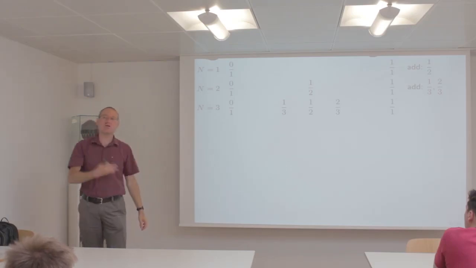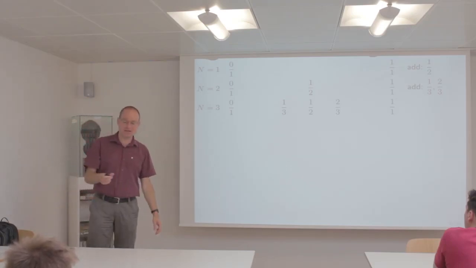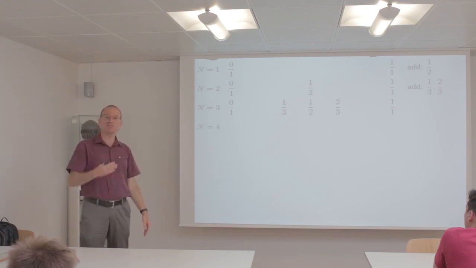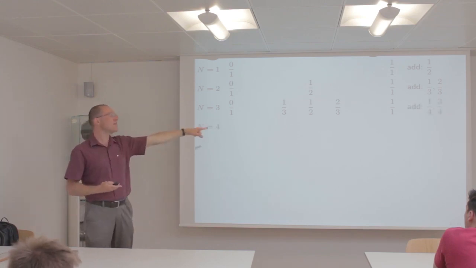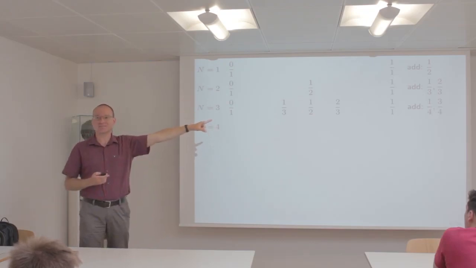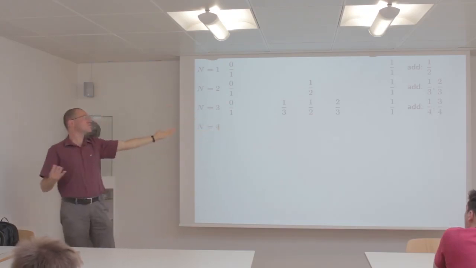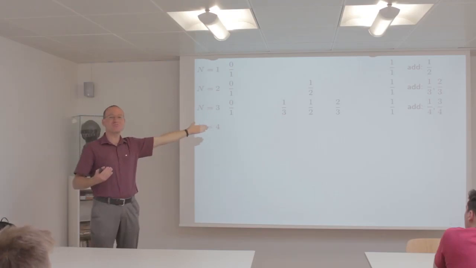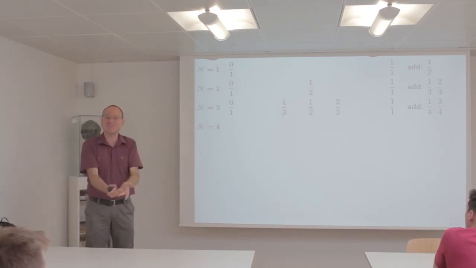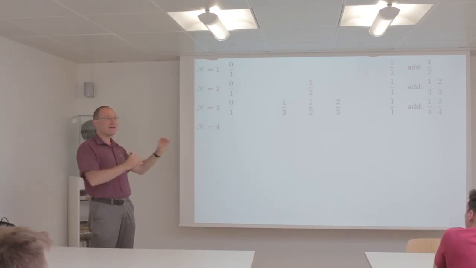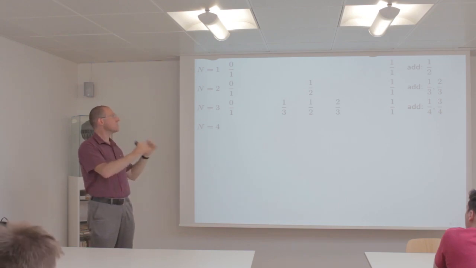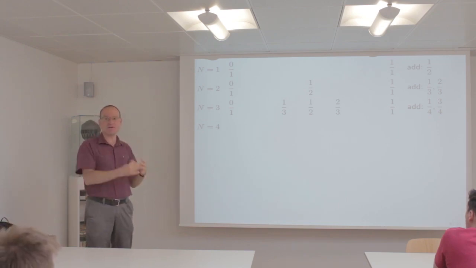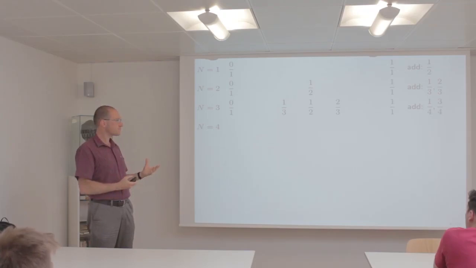Now we have written down all fractions with denominator up to 3. Now I need fractions with denominator up to 4. Which ones do we have to add? Only 1/4 and 3/4. Because 2/4 is already in the list. 2/4 is equal to 1/2. We don't have to add 2/4. We only add a fraction in lowest terms. We always write it in lowest terms.